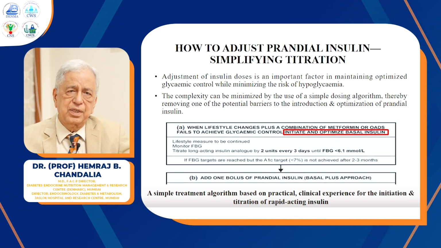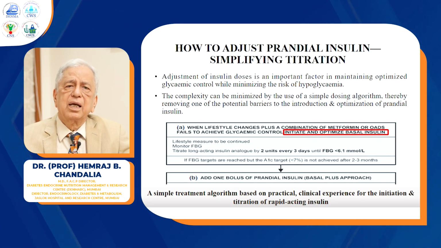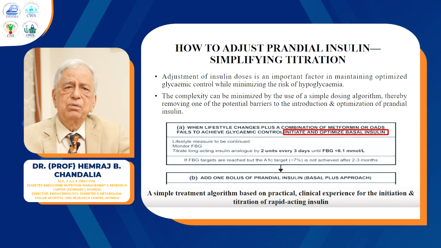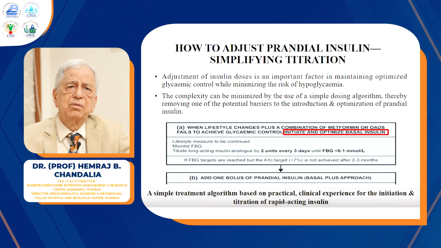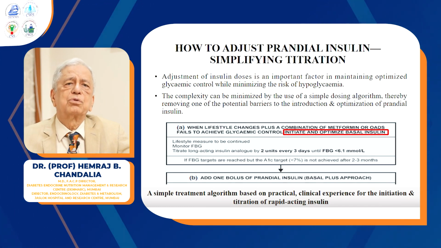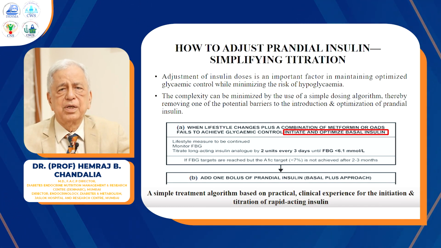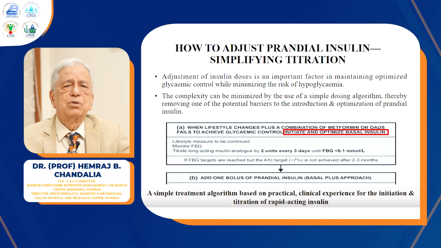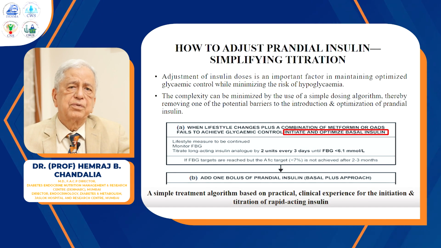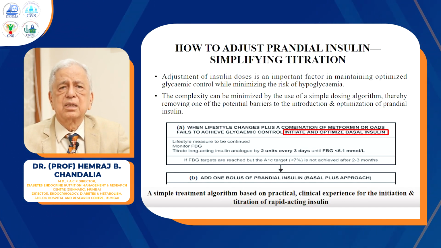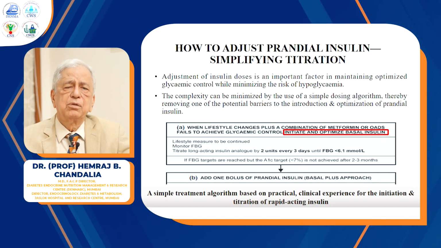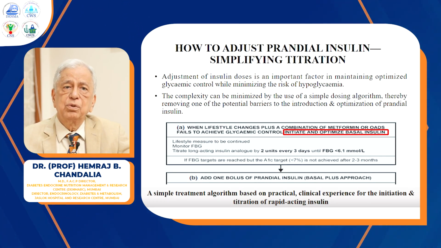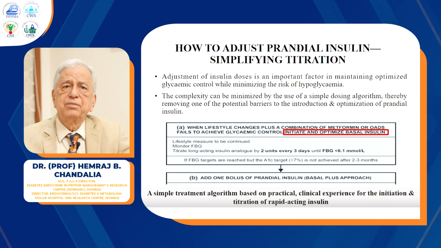Most of the time we add 2 units to the doses where the prandial glucose continues to be high, every third or fourth day, and we continue to do that until the prandial is correct. So you have already taken care of the fasting glucose by titrating the basal, and now you start titrating the prandial in this fashion. But plus 2 units is not the final formula.